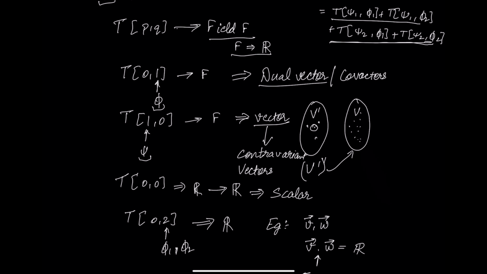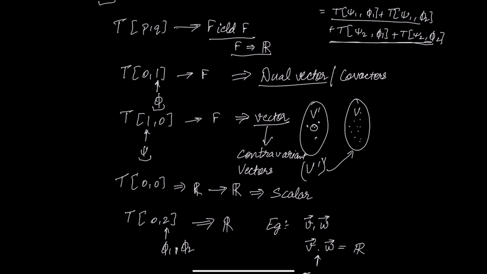I can define a linear functional on this dual vector space which maps the elements of this dual vector space to field, and those linear functionals are just the elements of this vector space. So I can call this tensor of type 1, comma 0 as that vector.